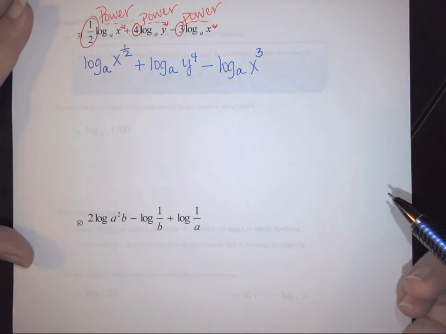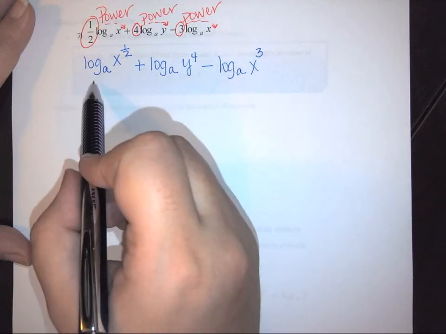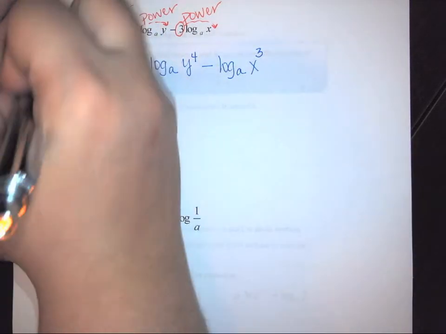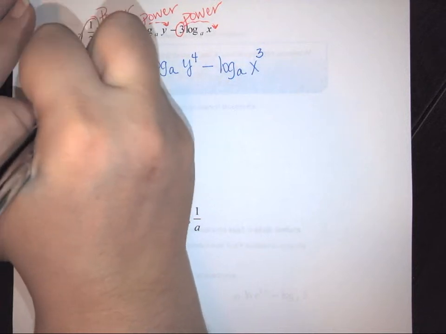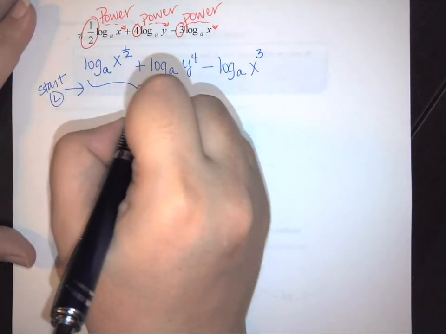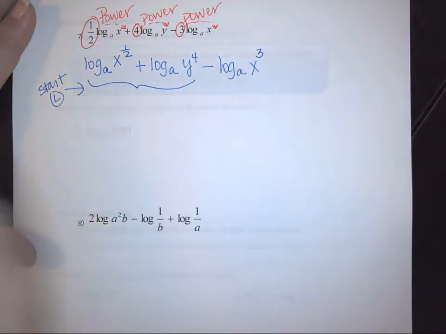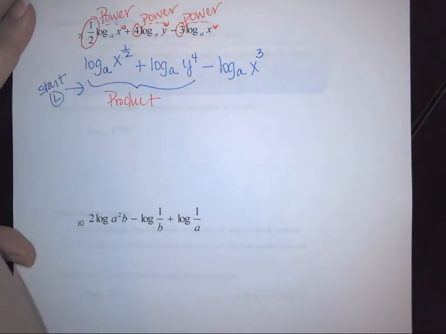So now I would start with my first two. Start from the left and work your way this way. So I'm going to look at just these first two terms, and I'm going to ignore the back half. And here I have the product rule.